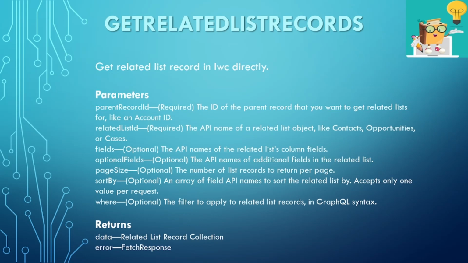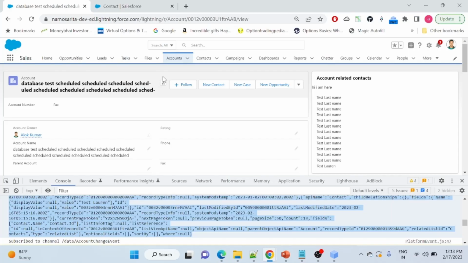And finally you have the where clause. It is an optional thing, but you can put in a condition and filter out the records you have received. As I mentioned, it is in the GraphQL syntax. These are the parameters this adapter supports, and you can utilize them in your LWC.